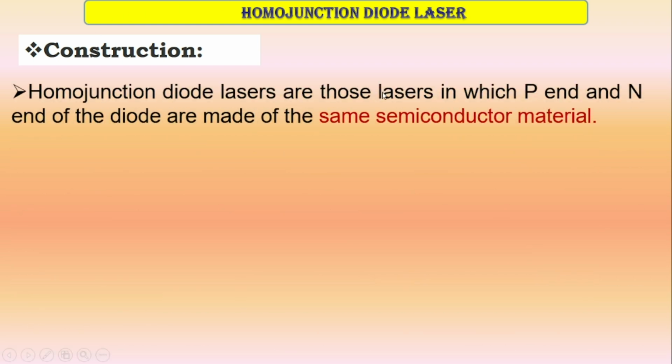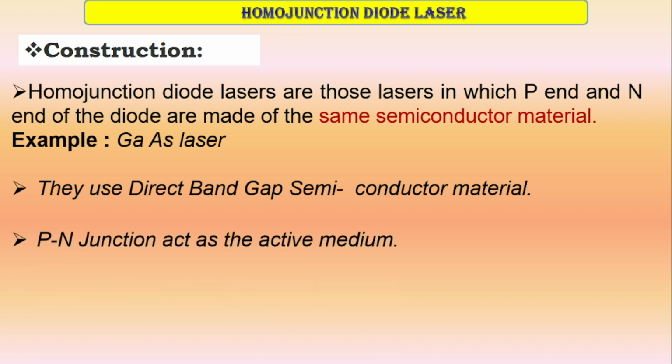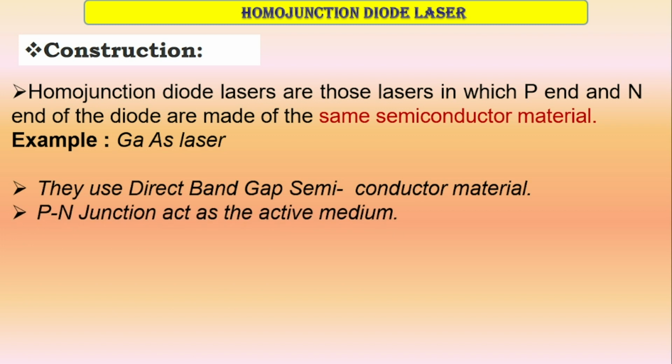Homojunction diode lasers are those lasers in which the P end and N end of the diode are made up of the same type of semiconductor material, for example, gallium arsenide. They use a direct band gap semiconductor material such as gallium arsenide, and the p-n junction acts as the active medium in this homojunction diode laser.